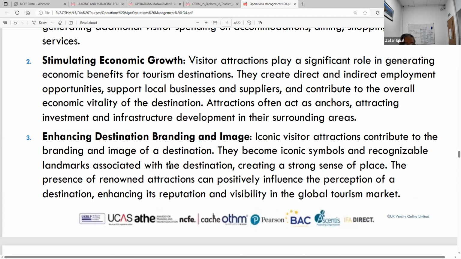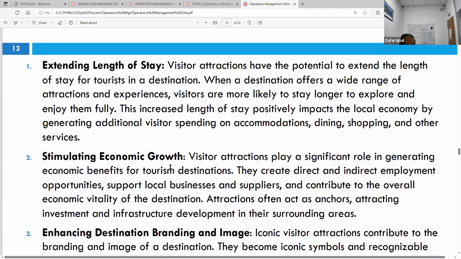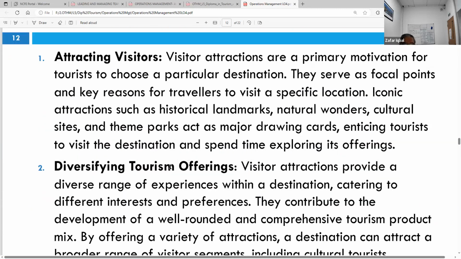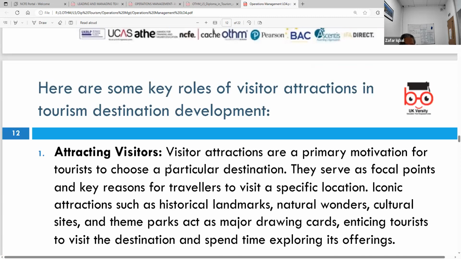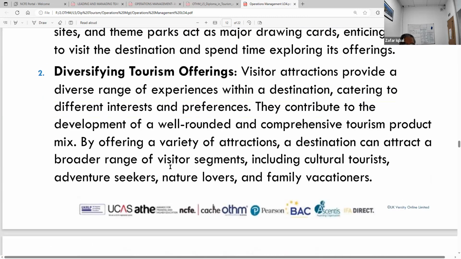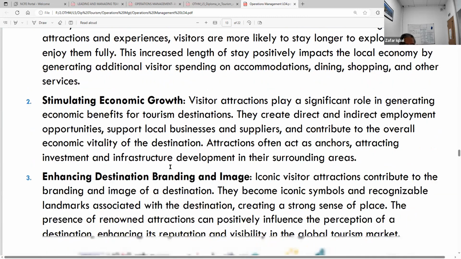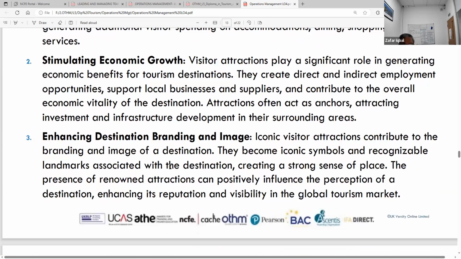Okay. The other thing, when we are looking at the role of visitor attraction in developing the destination, is to look at its image. What kind of image is it going to build? What kind of branding? What kind of contribution does it provide to the destination?